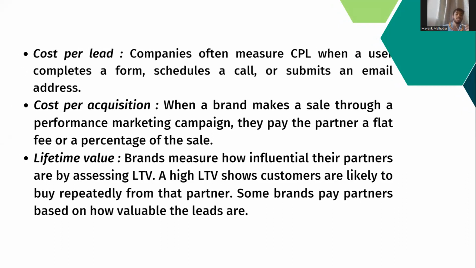Cost per acquisition is when a brand makes a sale through a performance marketing campaign, they pay the partner a flat fee or a percentage of the sales they made. And lifetime value is how brands measure how influential their partners are. A high lifetime value shows customers are likely to buy repeatedly from that partner. Some brands pay partners based on how valuable the leads are.